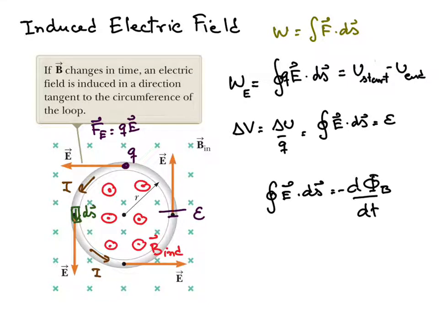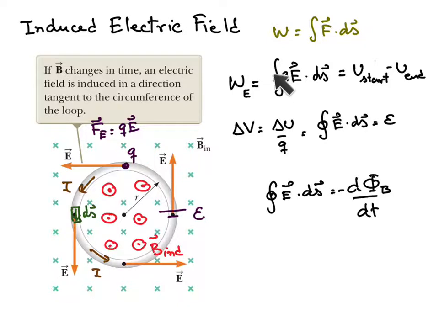Okay, and the electric field drives the charge in this direction, so the electric field will point in this direction also. We want to calculate the work done by the electric field, which is the integral of F dot ds, and F is equal to QE, so we substitute that here, and integrate over the closed loop.